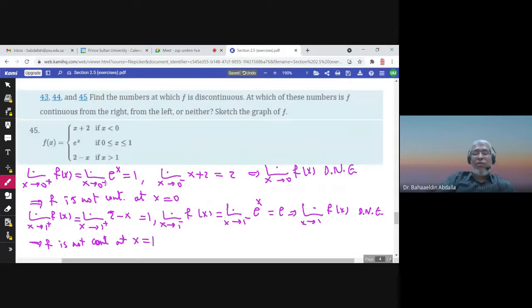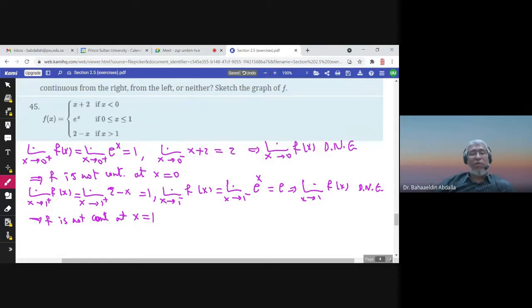Okay. He said from the right and from the left. Well, at 0, f of 0 is e to the power 0, which is 1. So here, this is equal to f of 0. So it's continuous from the right at 0. While here, the equality is here.